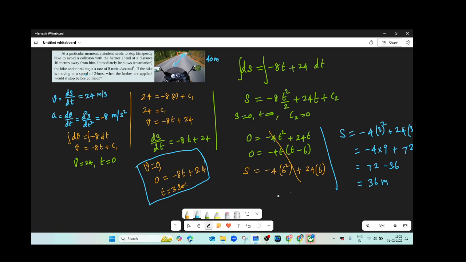Yes, it is clear that it stops. The bike will stop before collision. Understand?